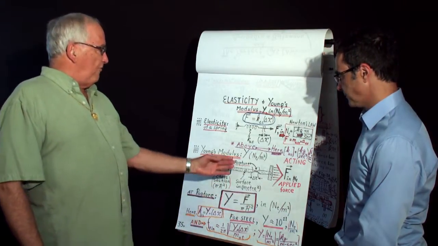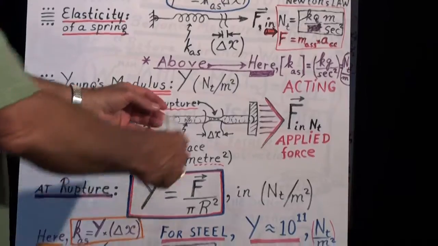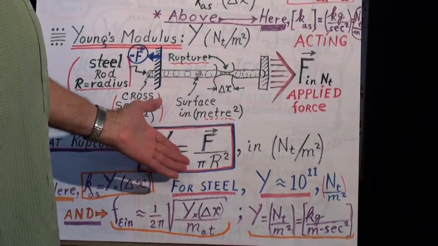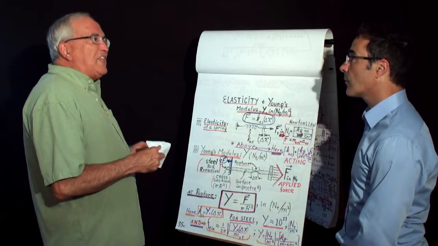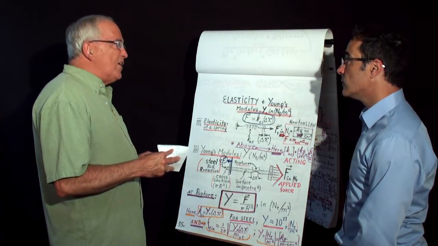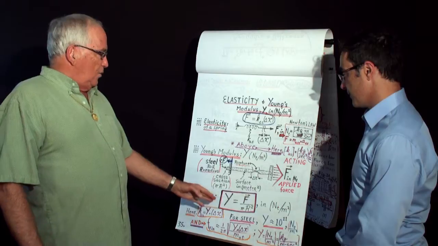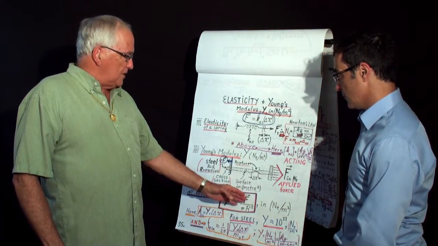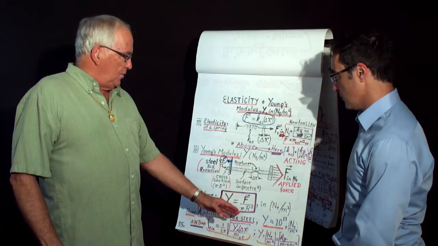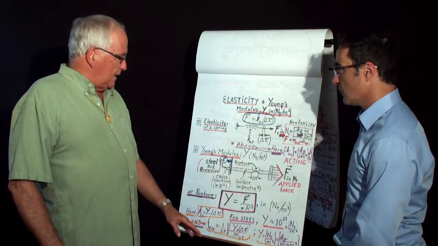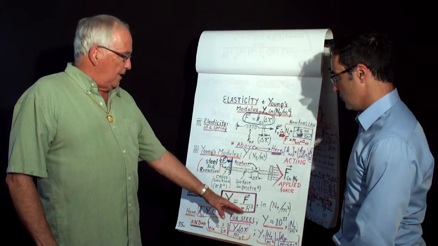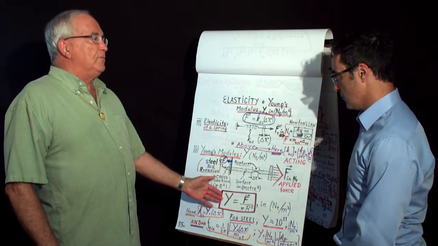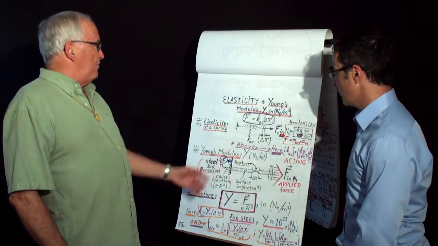So the force necessary to elongate this, to break it, to destroy atomic bonds, which are very strong. We call the ratio of the force necessary to break it, to elongate it, per area, the Young's modulus, in the name of the first measure.